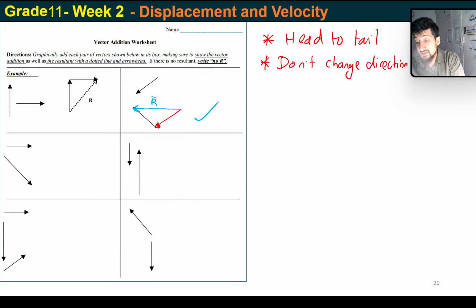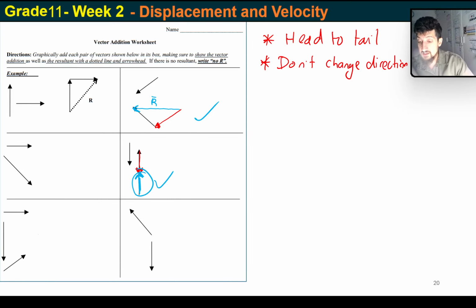So exactly the same way, I'm going to put the tail to the head, and you'll see that if I do that in this example, then the resultant vector is going to be, I'll do it the same way I did it before. Here we go. So then the resultant vector is going to be in blue again, and the resultant vector is going to be that. That's it. That's the answer.